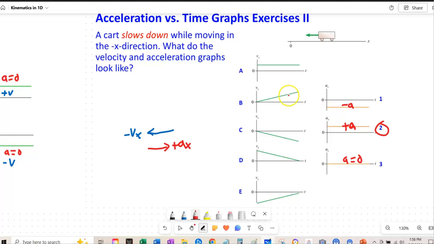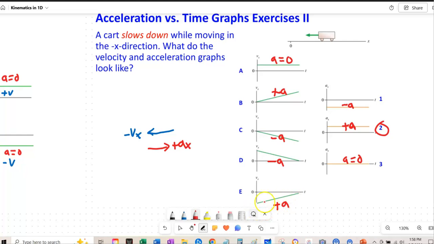Okay, now from this graph, the slope here is 0. The slope here is negative. Nope, that's a positive slope. So that's a positive acceleration. This is a negative acceleration. This is a negative acceleration. And this is a positive acceleration. So it's got to be moving to the left, so it's got to be below the line.